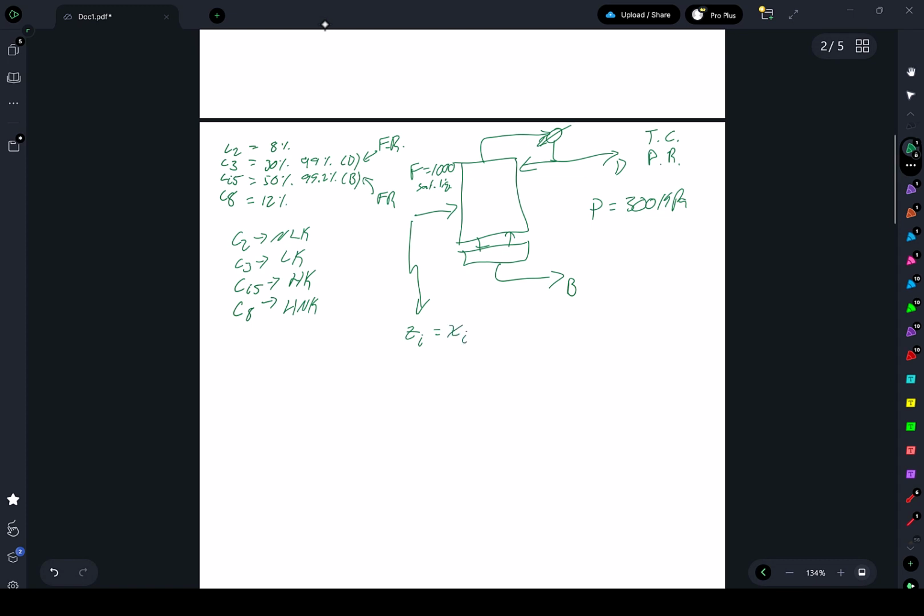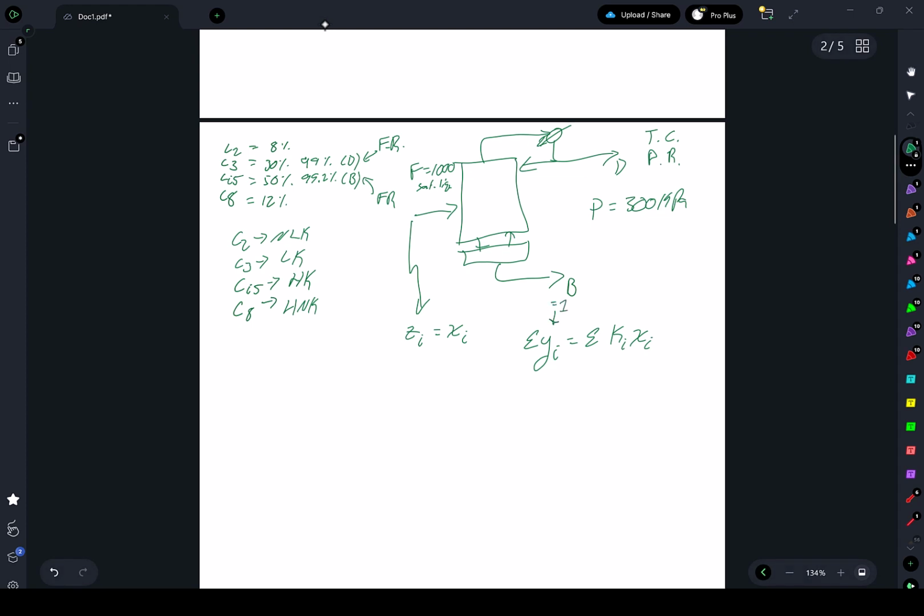It's not a two-phase, it's just a saturated liquid, so everything is a liquid component, so it's an X. Also, from very early on in the class, we know that the summation of our Y components is equal to the summation of our K values from the DePriester chart times our Xi. So this must be 1.